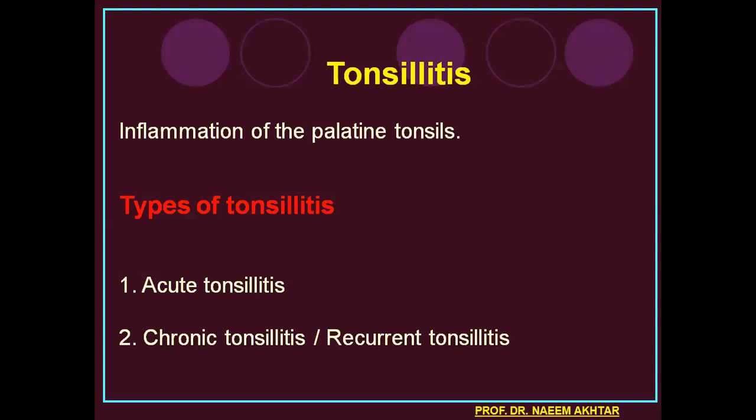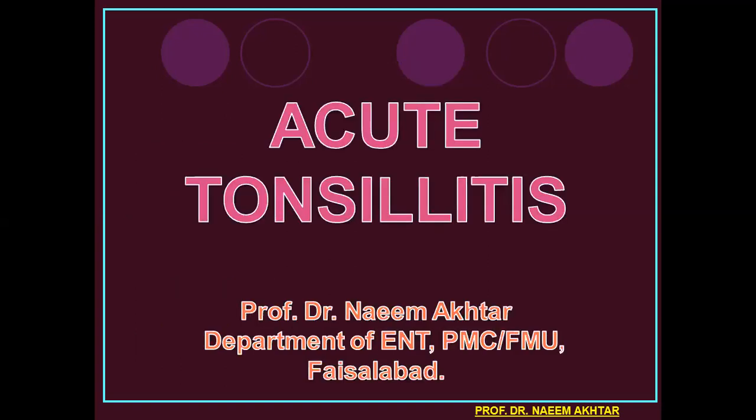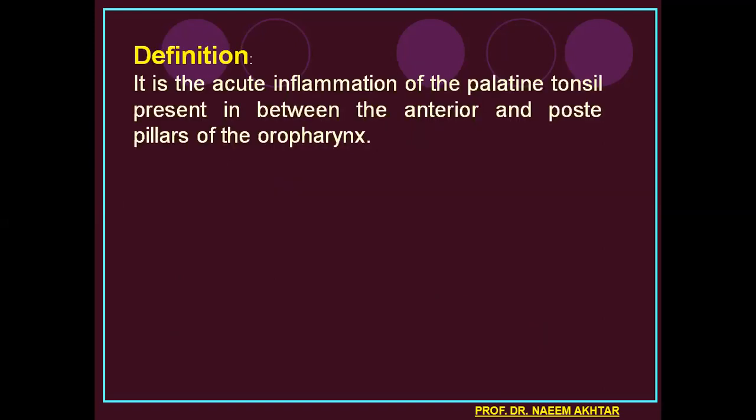Tonsillitis may be acute tonsillitis, or chronic tonsillitis, or you can say recurrent tonsillitis. First, we will discuss acute tonsillitis. Definition of acute tonsillitis: it is the acute inflammation of the palatine tonsils present in between the anterior and posterior pillars of the oropharynx.